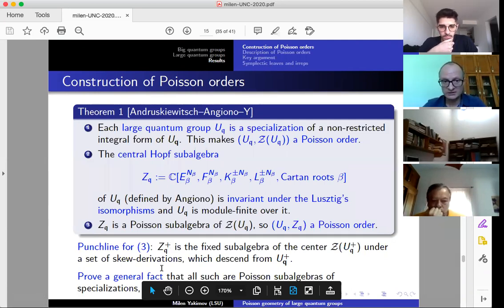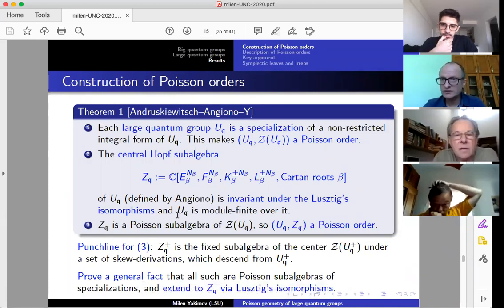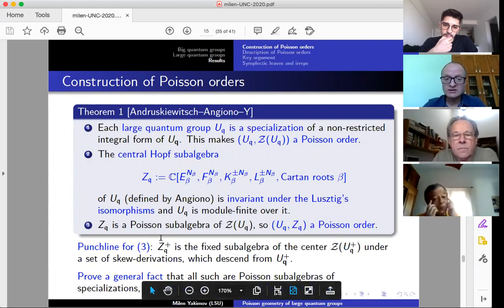And then in the second part here, we proved that our central subalgebra is invariant under the Lustig isomorphisms. If we apply all the Lustig isomorphisms, we actually take everything from this central subalgebra inside the positive part, and we can recover the whole special central subalgebra ZQ.